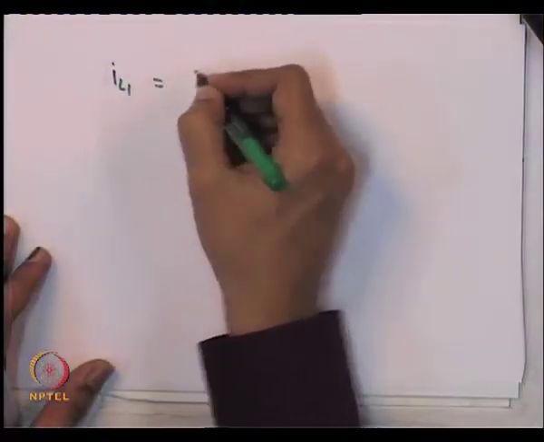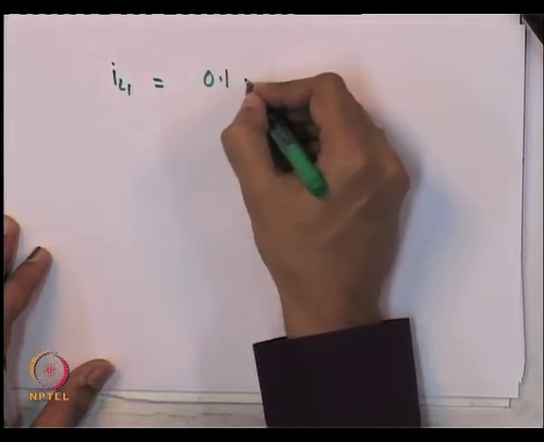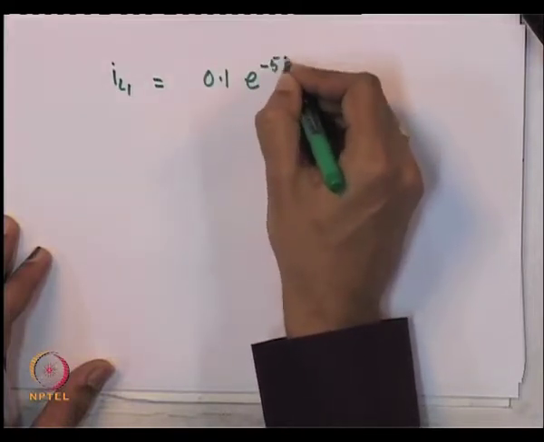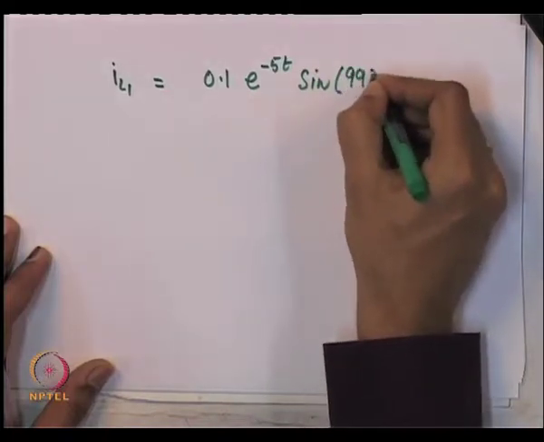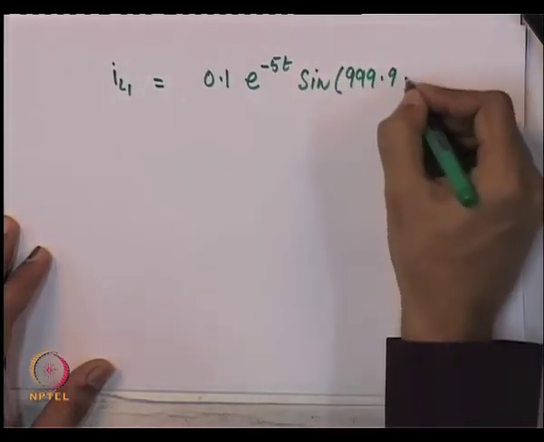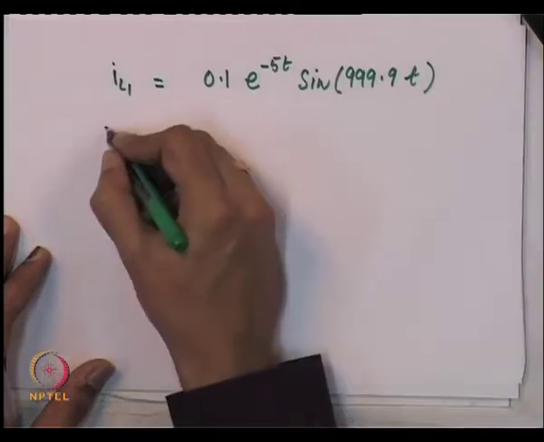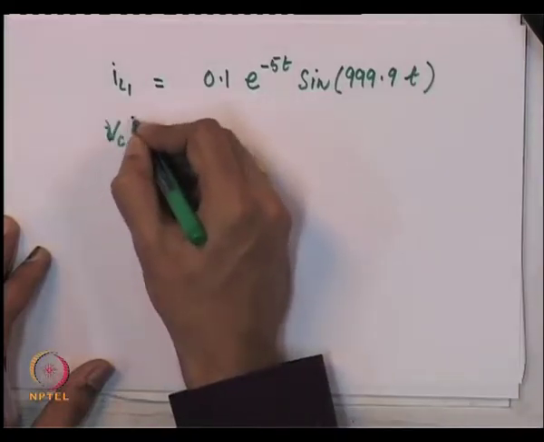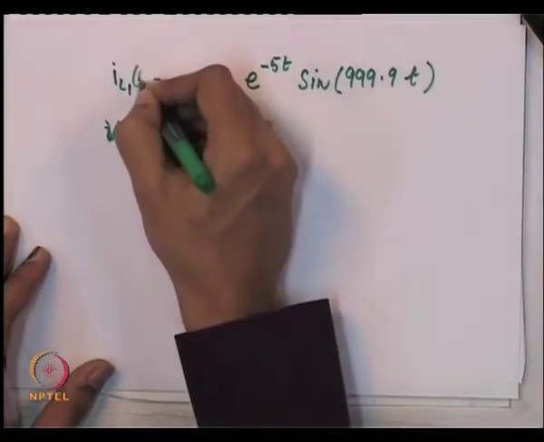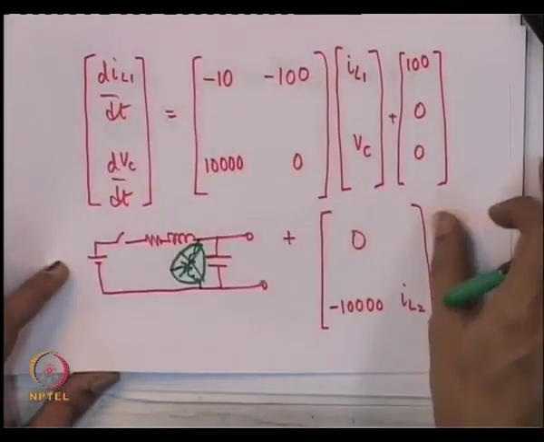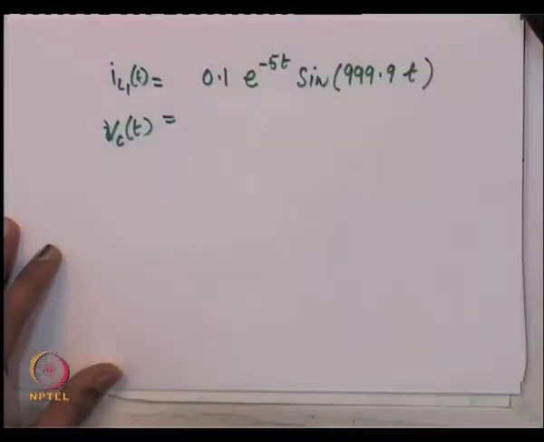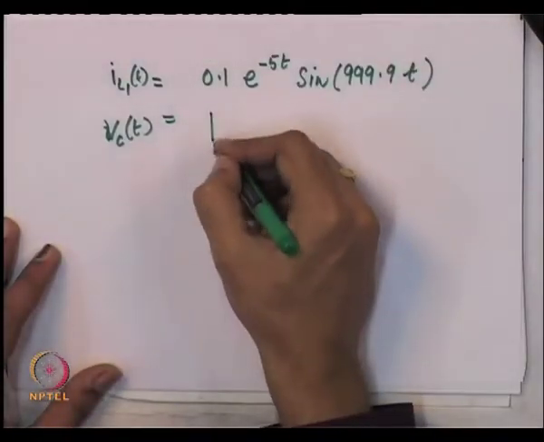It will turn out to be IL1 is equal to 0.5 e raised to minus 5t sin 999.9, that is almost 1000, and Vc of t, this is the final time response for this circuit. I am just writing it down directly. You can take out the eigenvalues and eigenvectors using Scilab.